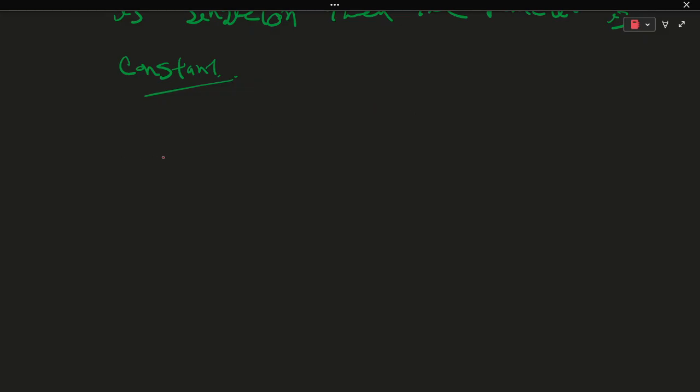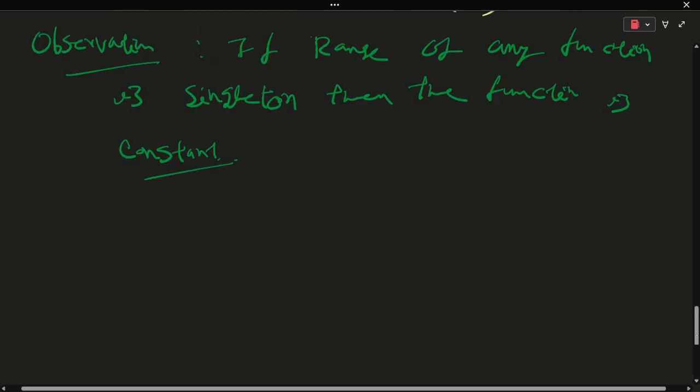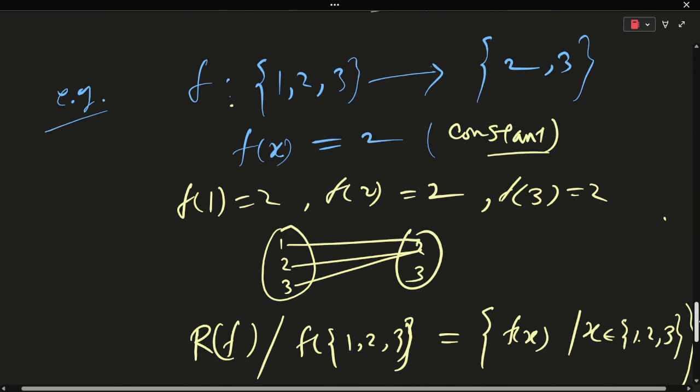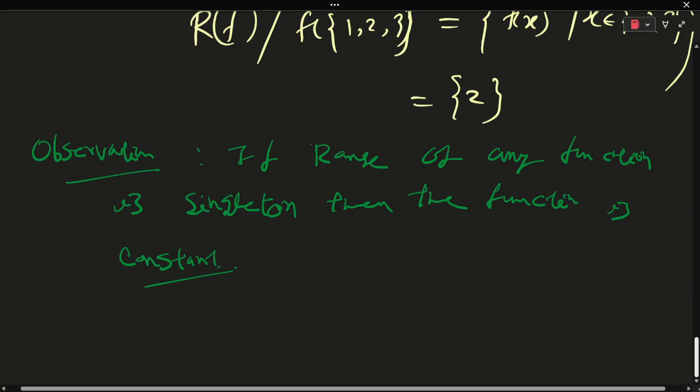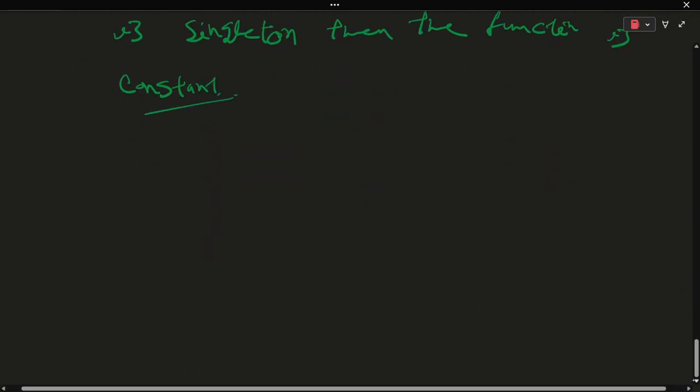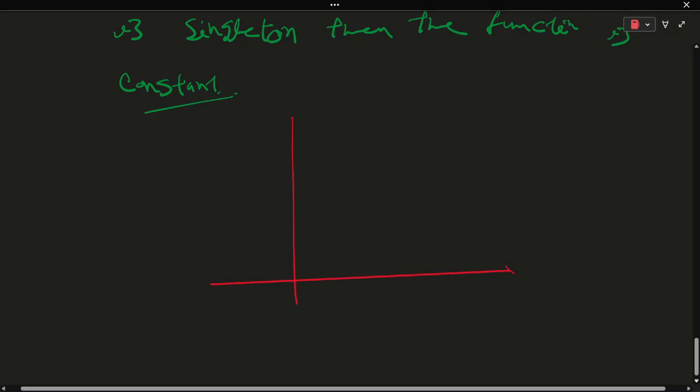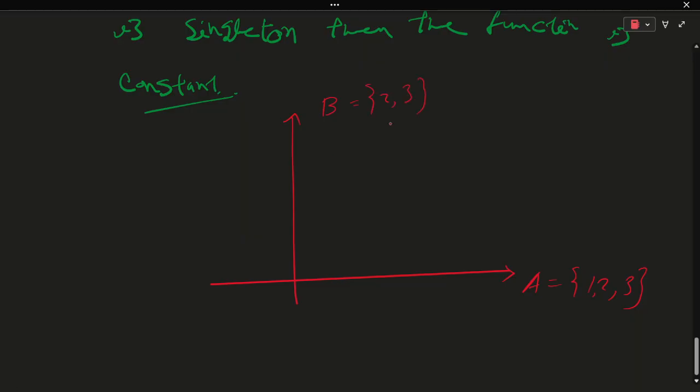If you take another function, that means this type of function. And in the previous example, this 1 2 3 and 2 3, right? So if you take Cartesian coordinates, x-axis as a set A, that means 1, 2 and 3, and B, that means 2 and 3, right?